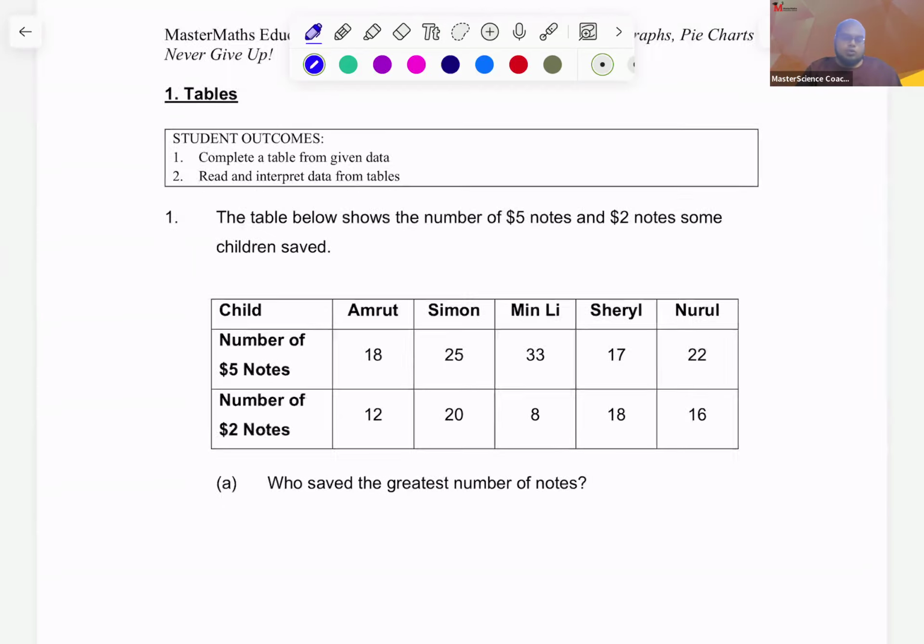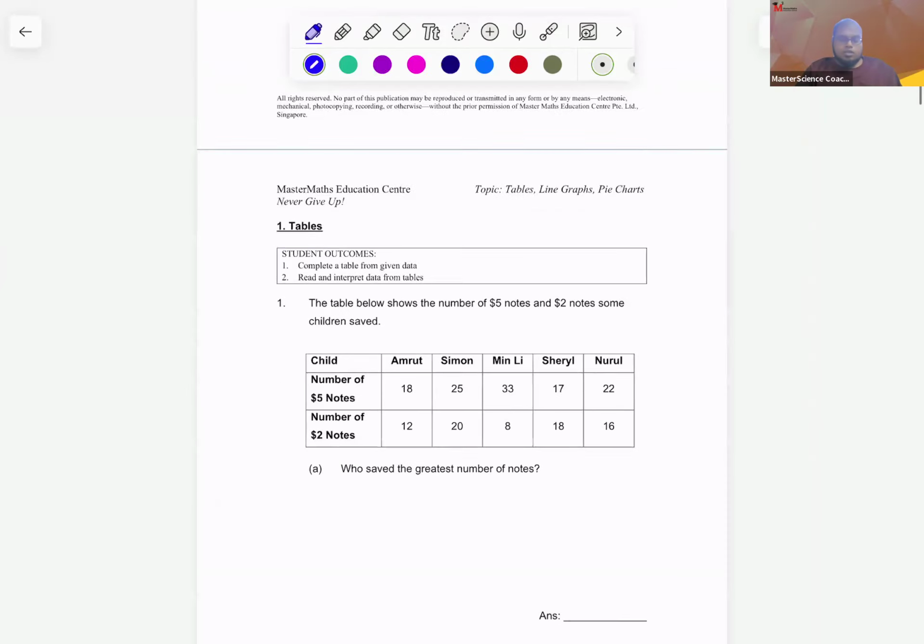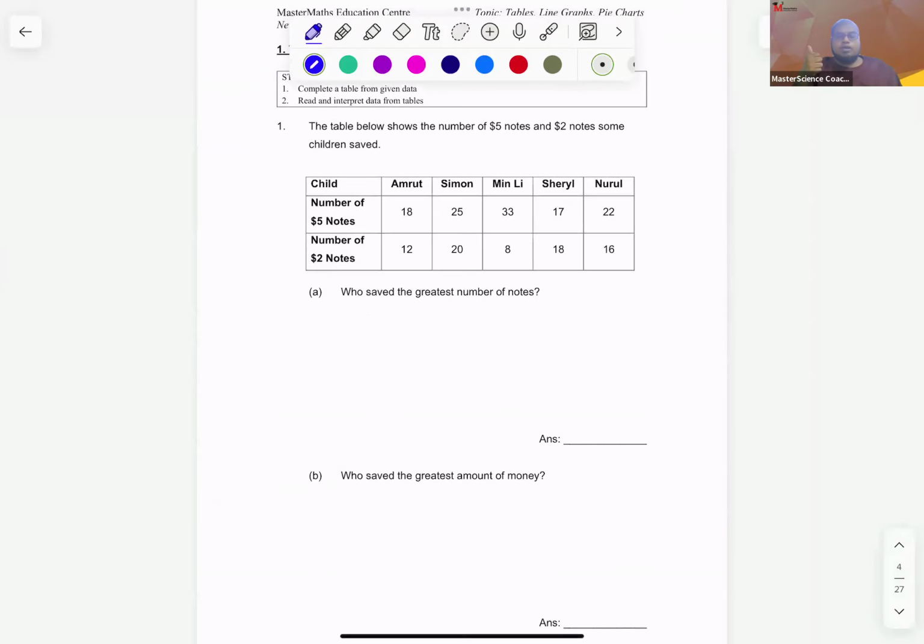Okay, so when it comes to money, you must note these two things. Either they ask for the number of notes or the value of money. So value means you must calculate, like if I got 10 $2 notes, I must take 10 times 2. That kind. Okay? But in this case, you must see what they ask for.